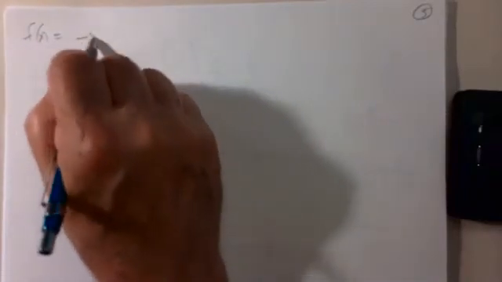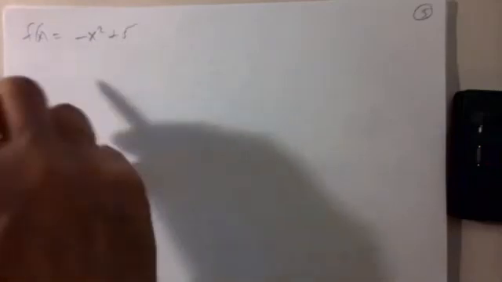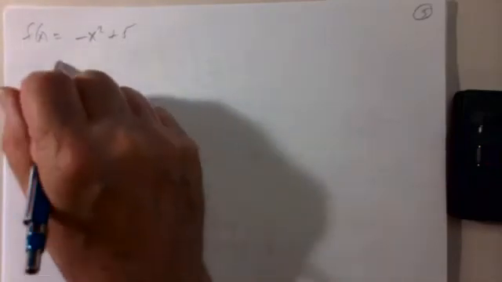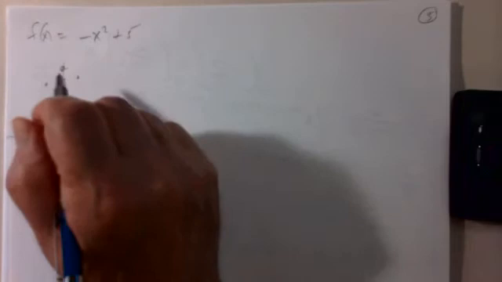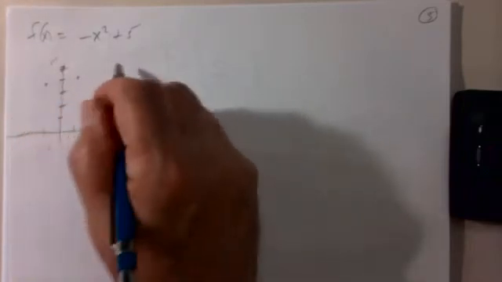So let's start with the first example in the text. We have f of x equals minus x squared plus 5. So this is a parabola. When x is 0, it has the value 5. When x is 1 or minus 1, it has the value 4.